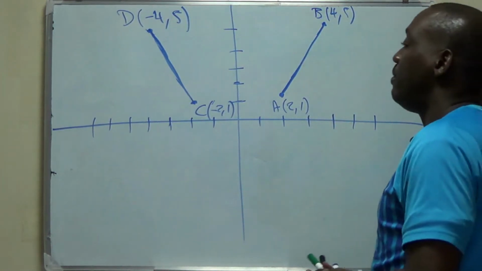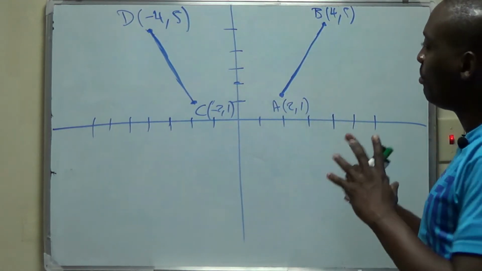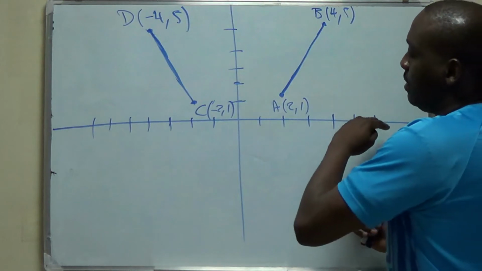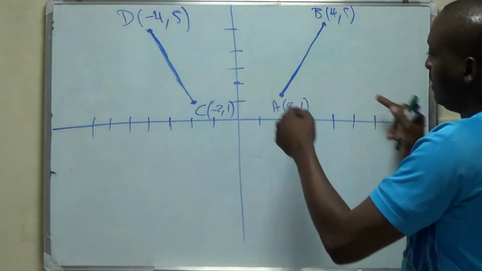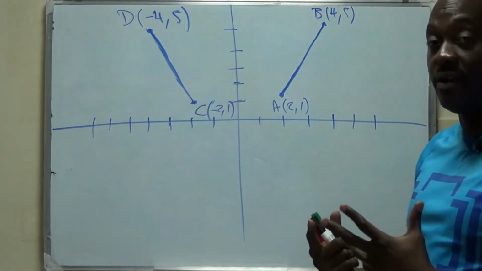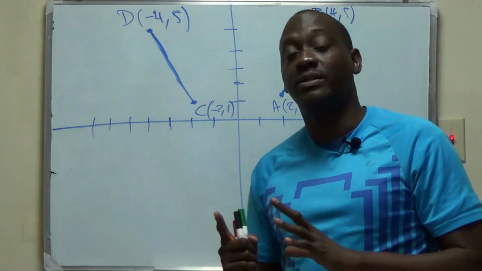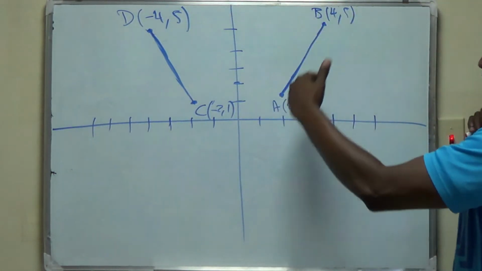Now remember that for any line segment, provided of course that it is not horizontal or vertical, we could extend outwards and get a right angle triangle. Remember that is how we found the distance between the 2 points, or the length of the line segment.